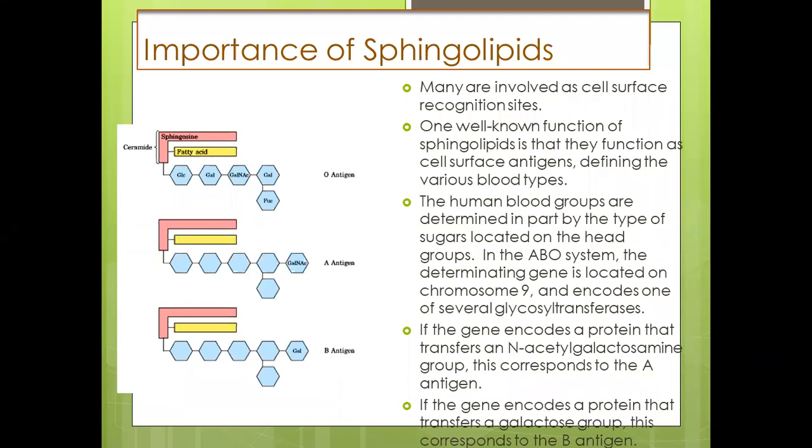If the gene encodes a protein that transfers an N-acetylgalactosamine group, this corresponds to an A antigen. If the gene encodes a protein that transfers a galactose group, then you have the B antigen.